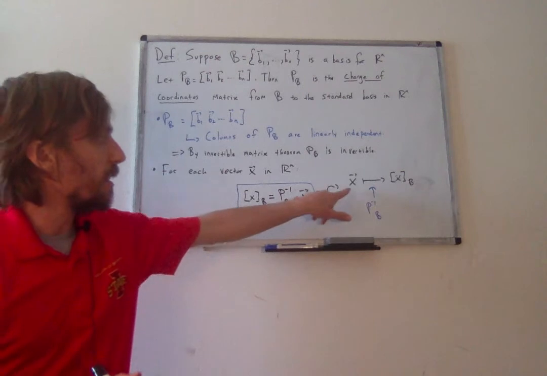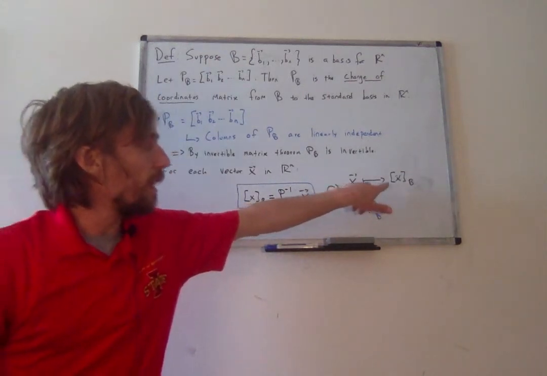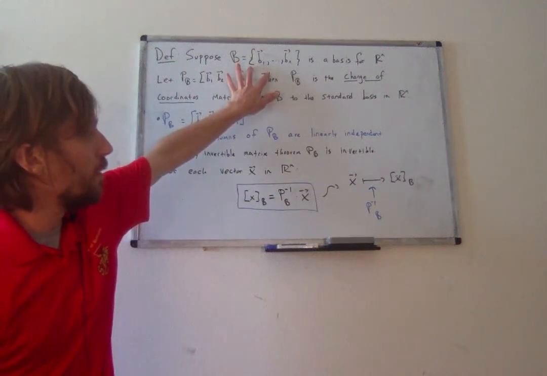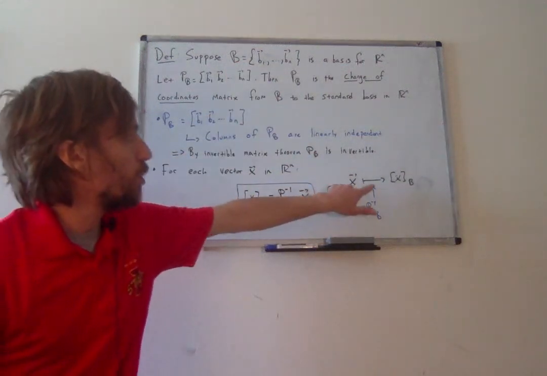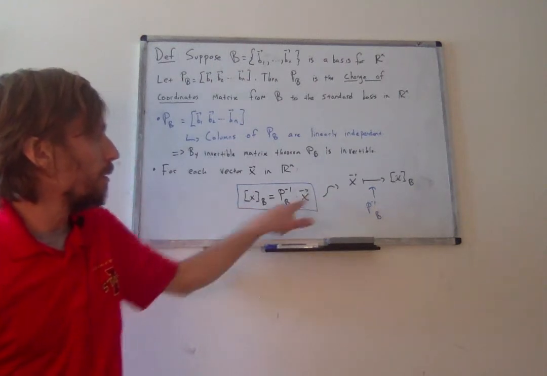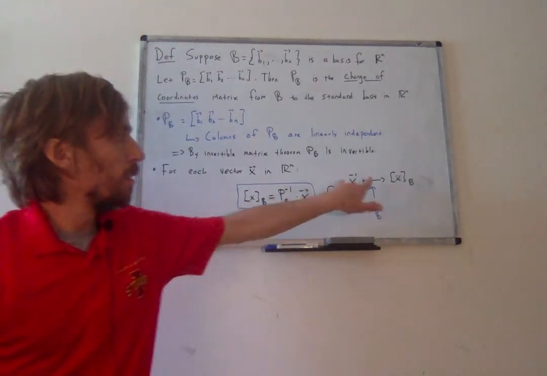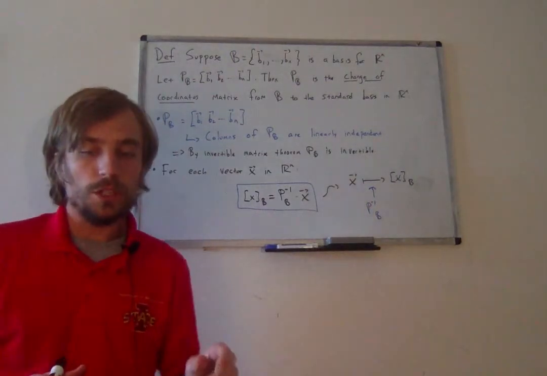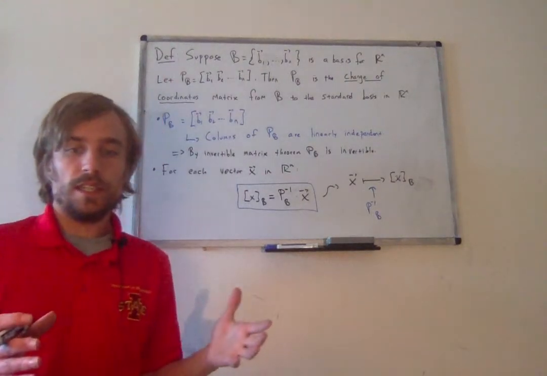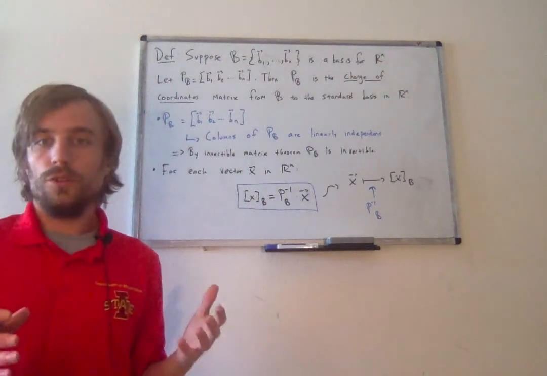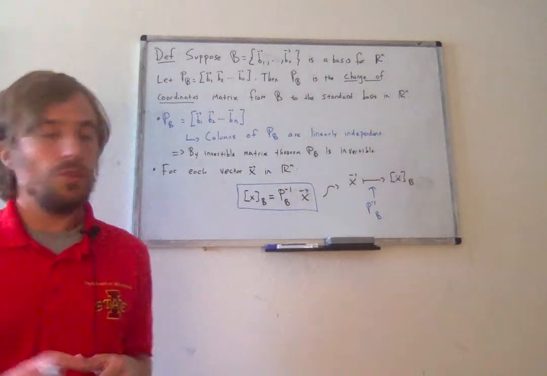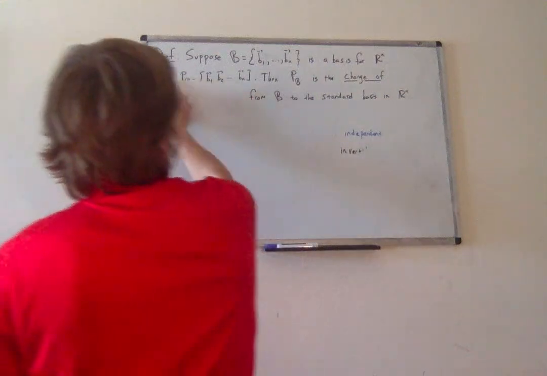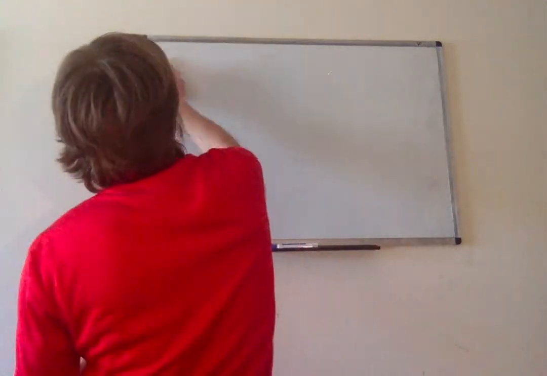But the important thing is that when we're working in Rn, if I take a vector in Rn, take any basis in Rn, and use this change of coordinates map, which is defined by the matrix P inverse of B, this is a one-to-one and onto linear transformation from Rn to itself. But it turns out that we can actually extend this idea to any vector space V into Rn, and so this will be sort of the main result, and I'll talk about what that means and the definition behind it.